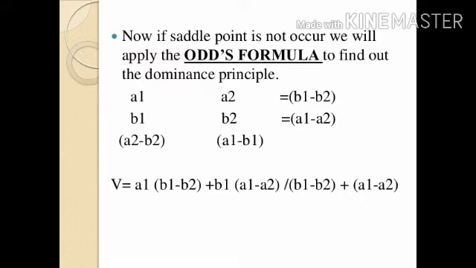Now if a saddle point does not occur, we apply the odds formula to find the value using the dominance principle. By comparing this 2 by 2 payoff matrix with the odds formula, A1 is equal to 25, A2 is equal to 5, B1 is equal to 10, B2 is equal to 15. The value of the game V equals A1 into B1 minus B2 plus B1 into A1 minus A2 divided by B1 minus B2 plus A1 minus A2.